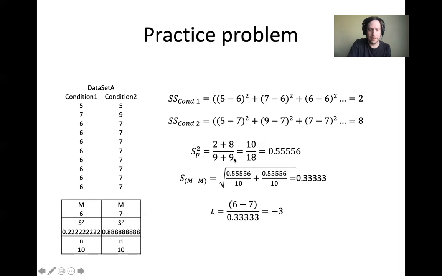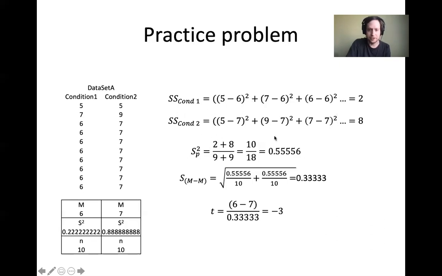Remember, here's the equation for pooled variance filled in with numbers. This number, 2, is sum of squares 1. This number, 8, is sum of squares 2. I'll walk you through how we got these in a second.